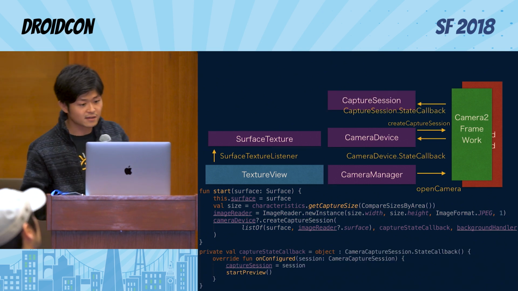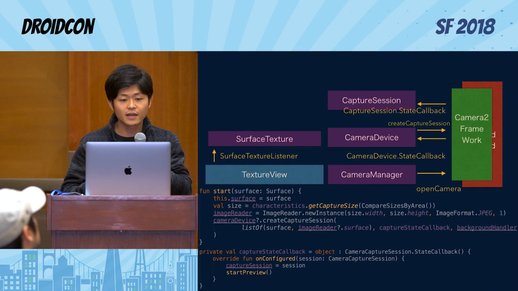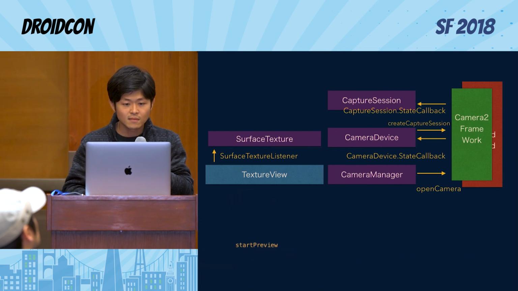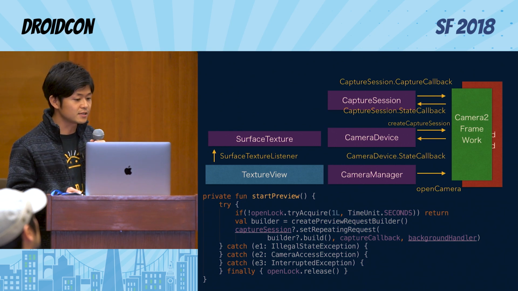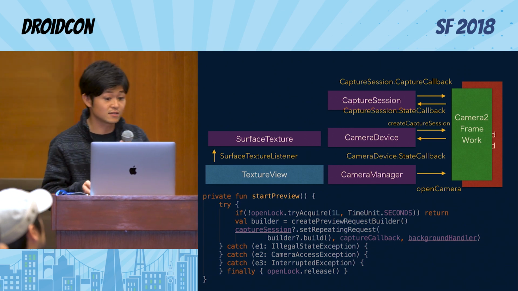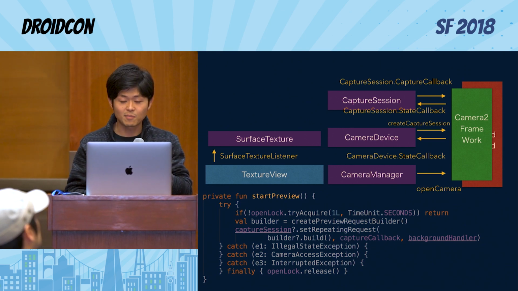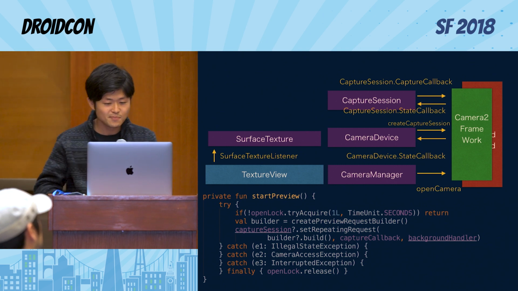And then a callback comes back again, which is the capture session state callback. And finally, we're ready to preview with the capture session. Here we can see there is a four-state callback that we have to listen to. That's pretty big, but we're still at the stage where we just take the preview.